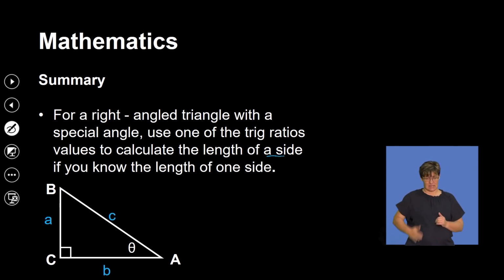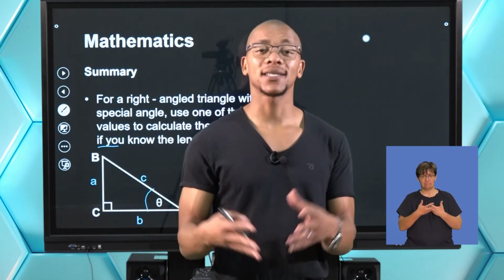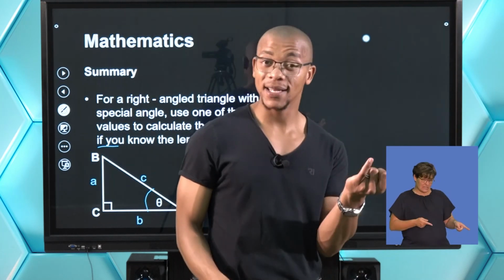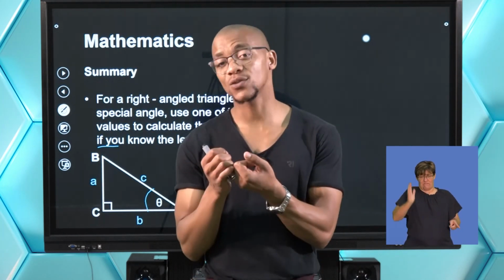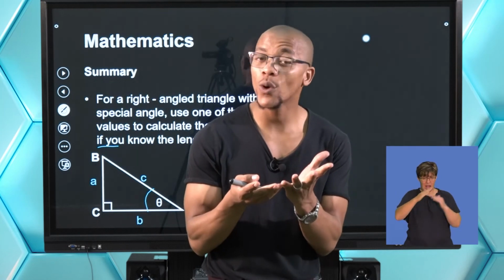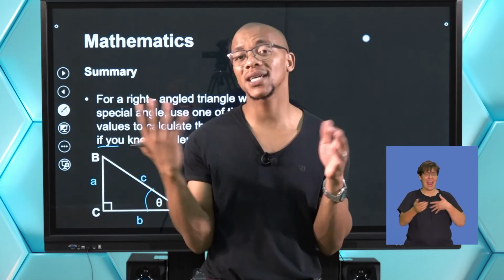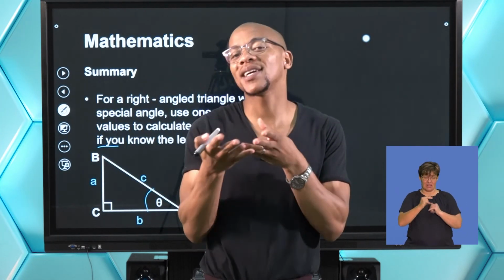So I want one side and I'm given one side, but I must also be given an angle there. So this answers the other question that we had, can I find an unknown side given just one side? And is this true for all angles? Yes, because we are saying for any special angle.